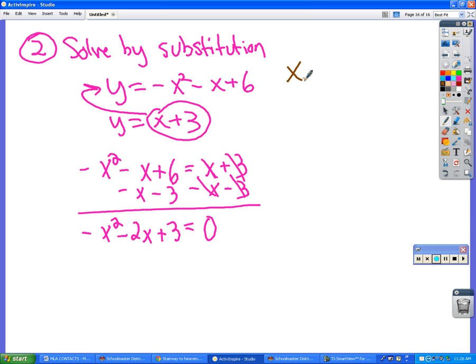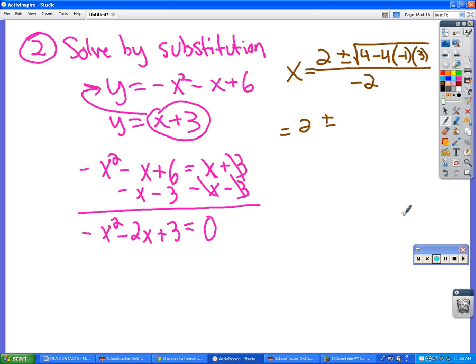Okay, so x equals, what's the opposite of b? 2, plus or minus the square root of what's b squared? 4, minus 4 times a, which is negative 1, and c is 3. And that's all going to be over 2a, which is negative 2. So that's just plugging the numbers in.